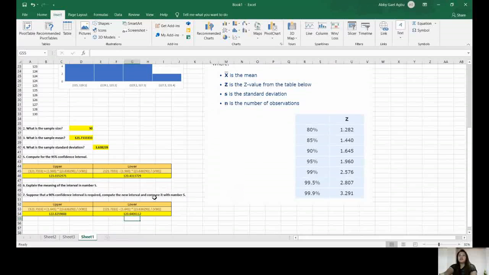And if we compare to number 5, we can see that the upper interval is not much different, and the lower interval differs in the decimal and in the ones value here.